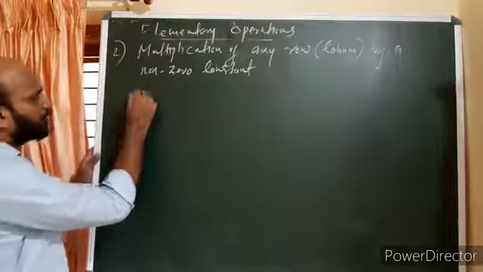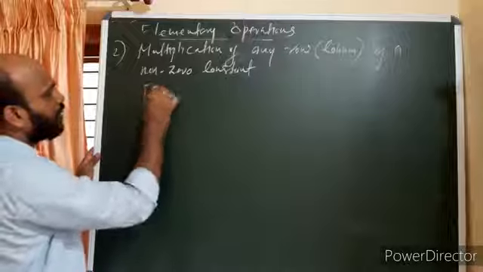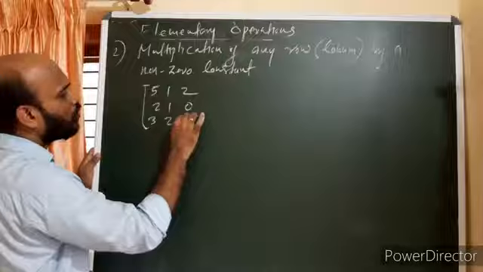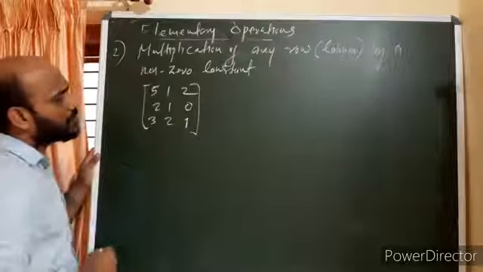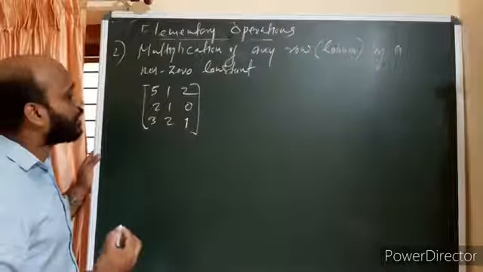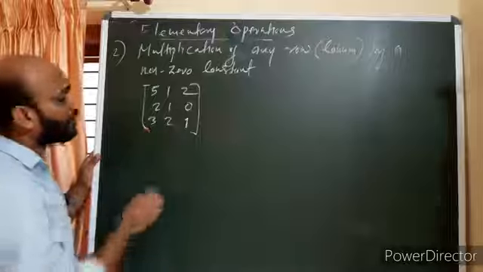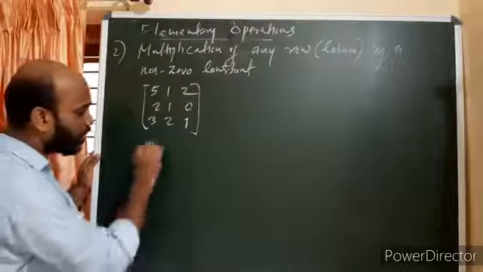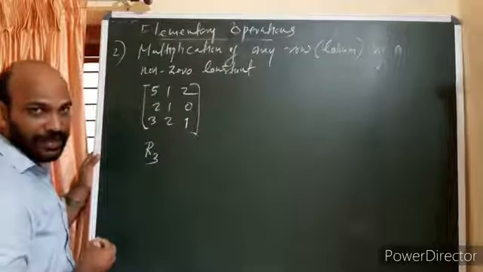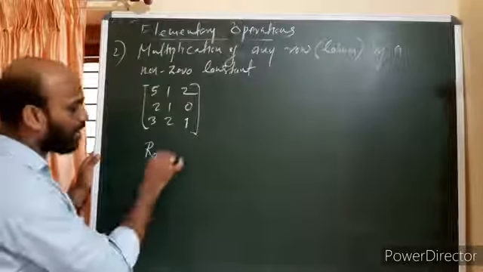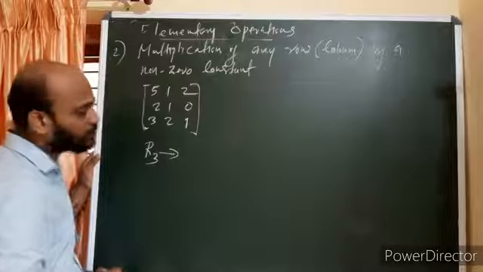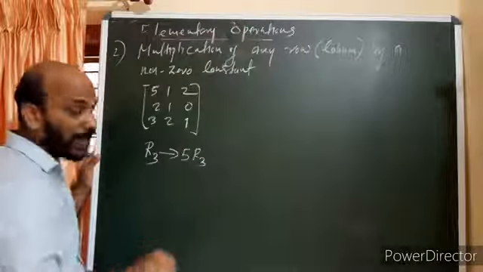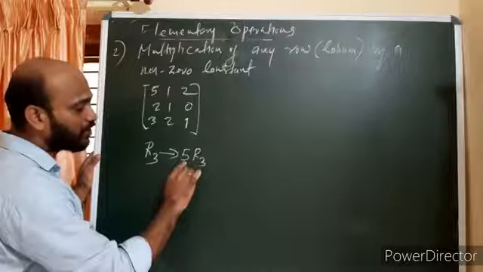Consider one matrix 5, 1, 2, 2, 1, 0, 3, 2, 1. Suppose I want to multiply the third row with 5. So I have to write the rule like this: R3 changes to 5 into R3, where R3 means the third row. That means I am multiplying all the elements of row 3 with 5.